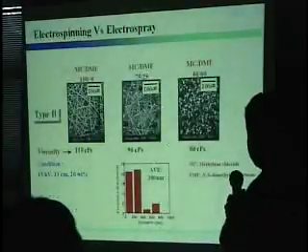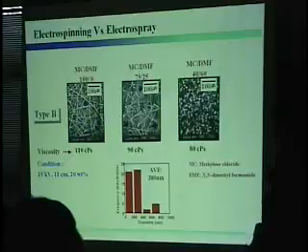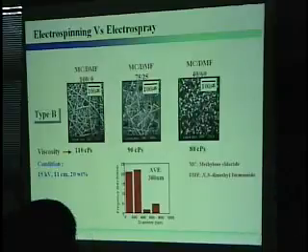Next slide please. This is the result obtained from electrospinning of the triblock copolymer. We used two types of solvent, methylene chloride and DMF, in different compositions, and the concentration of the copolymer was fixed. This is the condition for the electrospinning.